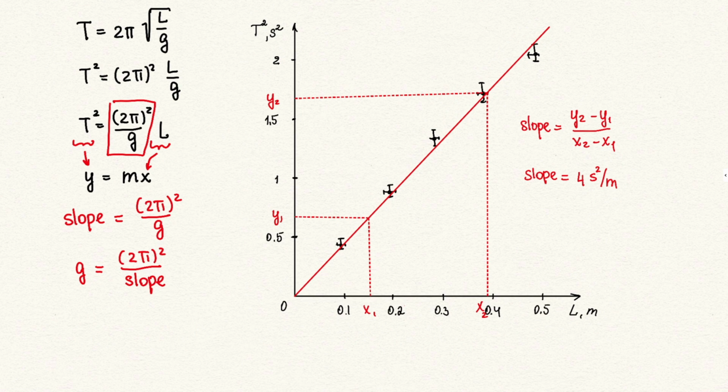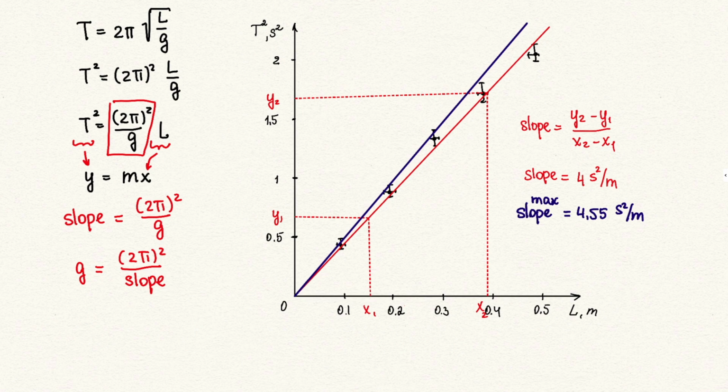But now we need to take into account the fact that our data points have uncertainties. So the maximum slope of the fit could have been something like this. And we can calculate the slope of this blue line. So I will call it slope maximum, and let's say it turned out to be 4.55 seconds squared per meter.